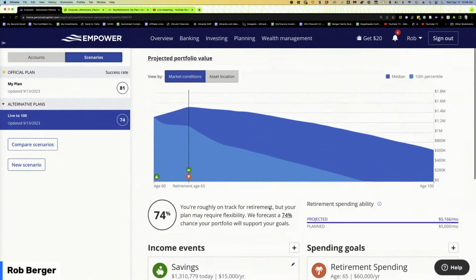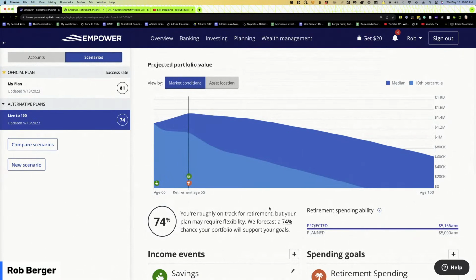Now, not to get too down into the weeds on Monte Carlo analysis, but the inputs into Monte Carlo analysis are really important. And by inputs, I primarily mean average returns and volatility of stocks and bonds. Empower uses historical data, of course, which I think is, for the most part, the norm, right?